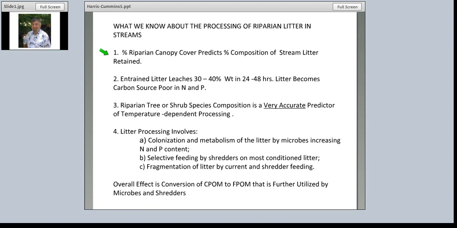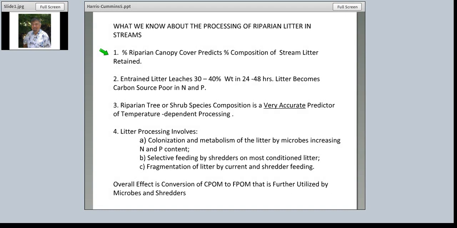The litter becomes a good carbon source, but a poor nitrogen and phosphorus source, because most of those soluble compounds are rich in nitrogen and phosphorus. The species of riparian tree or shrub that's in the riparian is a very accurate predictor of how fast, based on temperature, the litter will be turned over.